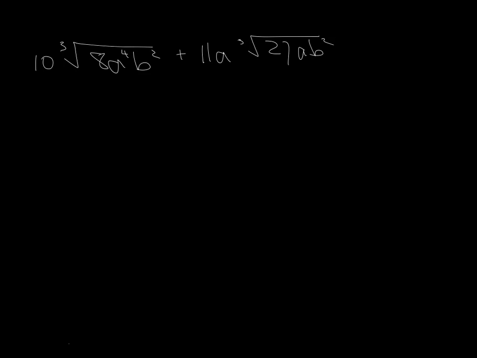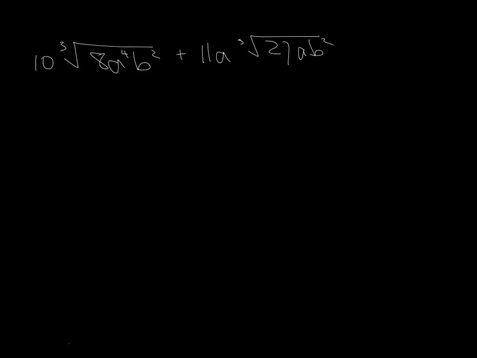Example 4. 10 cubed root of 8a to the fourth b squared plus 11a cubed root of 27ab squared.